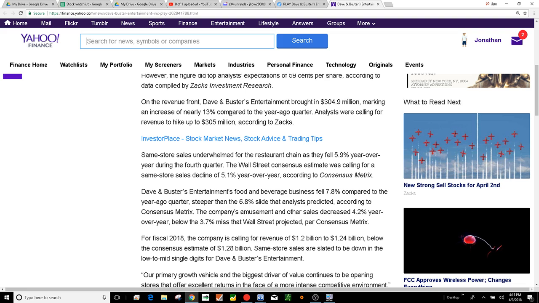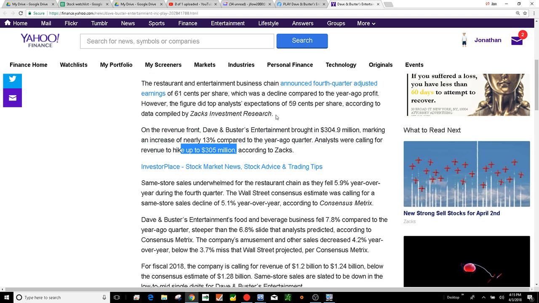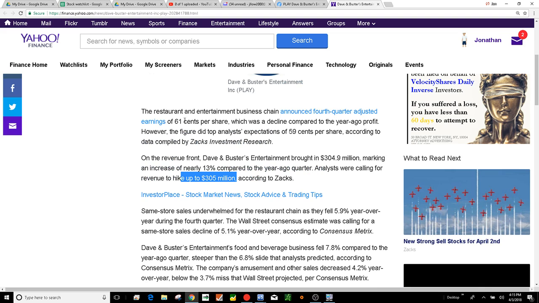Increase of nearly 13% from a quarter ago. Analysts were calling for revenue to hike up to 305 million. Okay, so there's your revenue miss right there from what Wall Street said it should have, but it didn't miss it by much. Okay, so we have a beat on earnings, but a revenue miss.